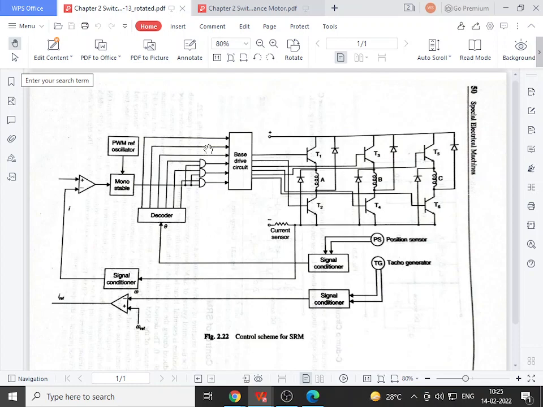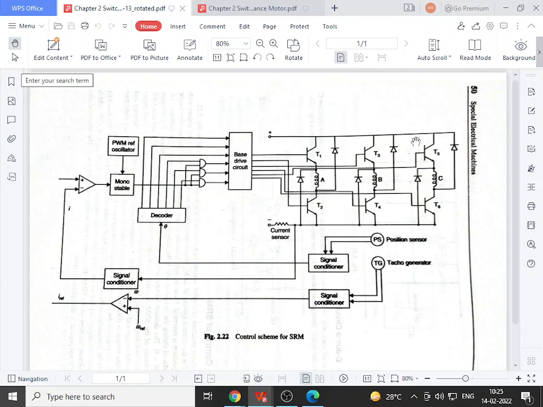Now there is a base driver circuit or gate driver circuit. When we use a transistor as a switch, there is definitely a base driver circuit. When we use any power switching device like a MOSFET, SCR or IGBT, there will be gate driver circuits.